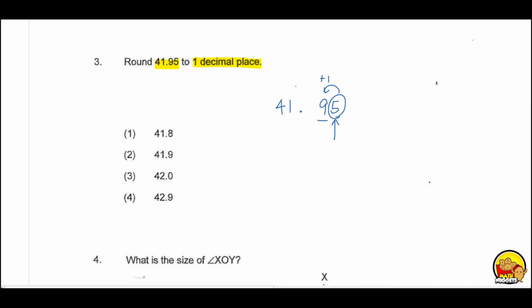You will have to round up, which is plus 1. And once you do that, you will have to regroup. So it becomes 9 plus 1 is 10, and you regroup here. So this becomes 42.0. The answer is option 3.